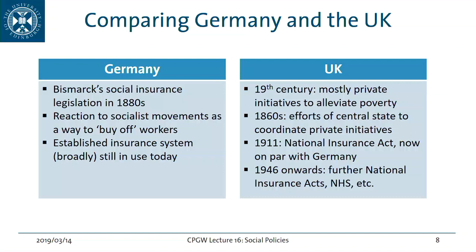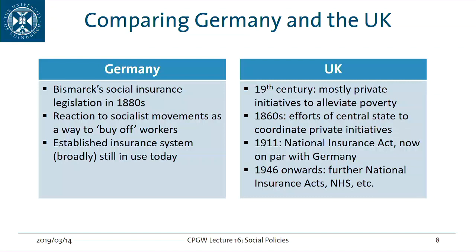On the other hand, we see the UK, which took a slightly different trajectory. We see some decades pass between Germany adopting these types of policies and the UK thinking about adopting them. Mostly because Great Britain was still locked in this kind of Victorian liberalism idea of, well, we as a liberal community are enlightened enough to take care of our weakest members of society.